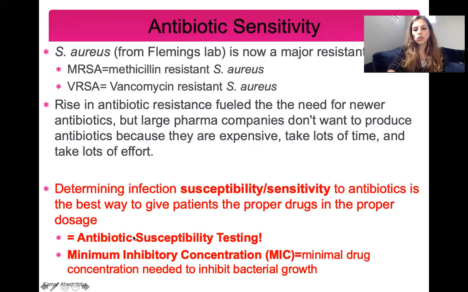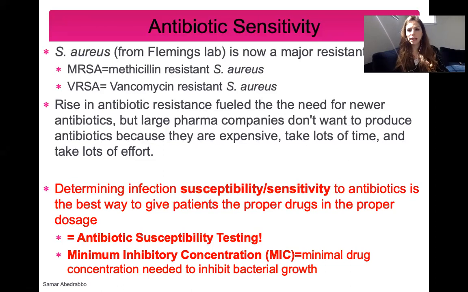And with these, we're trying to determine something called the MIC, which is called the minimum inhibitory concentration. This is very important. This is the minimal amount of a drug concentration that you need to inhibit bacteria. So if you have like Staph aureus, someone who has a Staph aureus infection, MRSA infection, you can give them 100 milligrams of one of the antibiotics and it'll work.